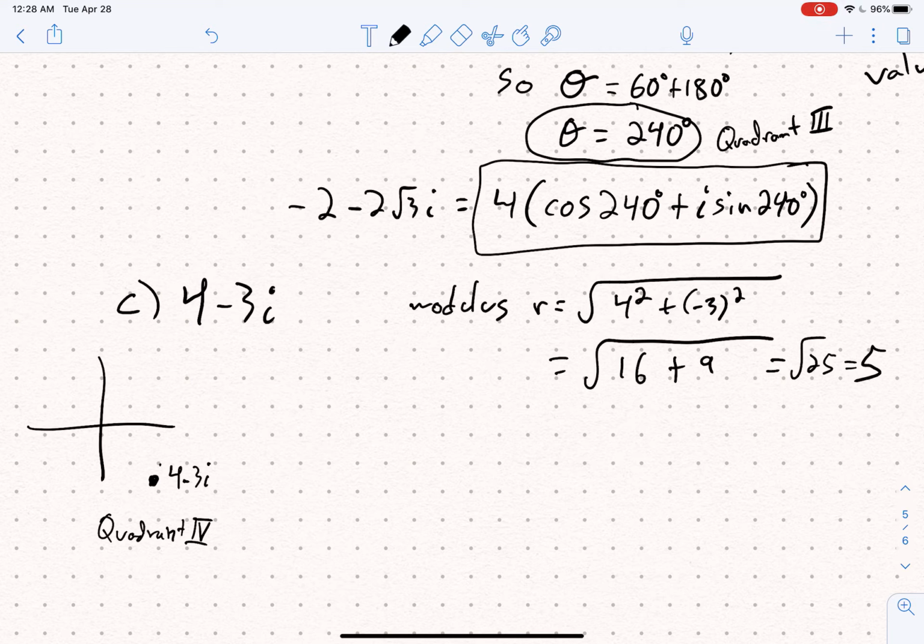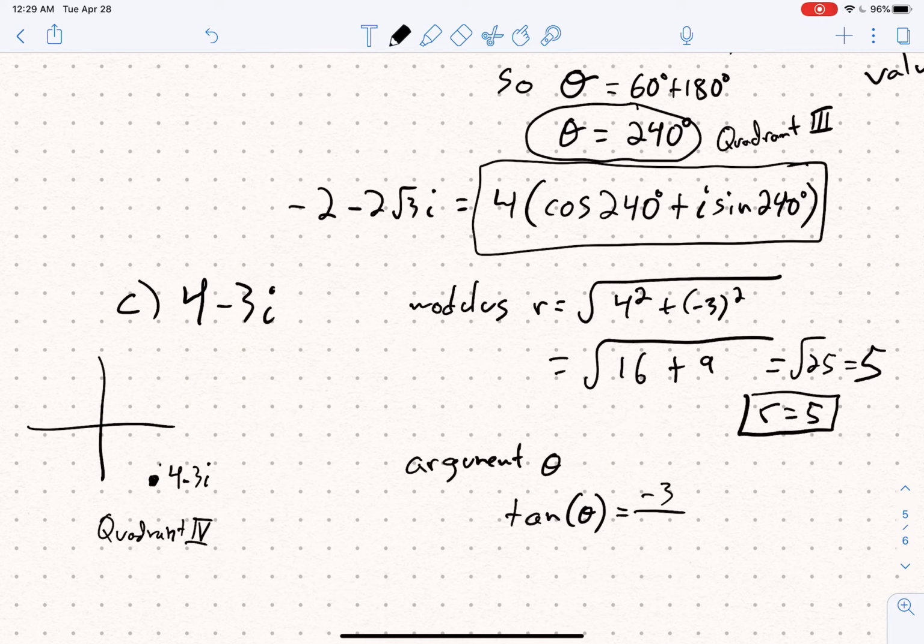So we have a nice modulus, r equal 5. Let's just record that and stick a box around it for later reference. And now let's find the angle, the argument, theta. To find theta, well, we know that tangent of theta is equal to b over a, so that's equal to -3 over 4.